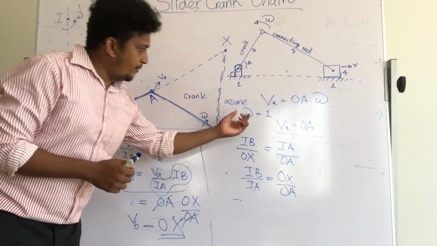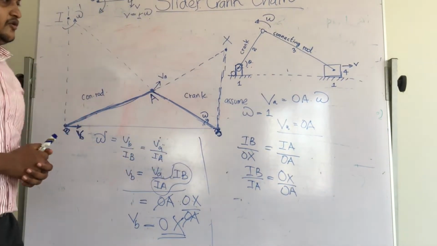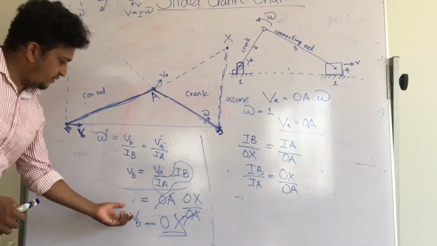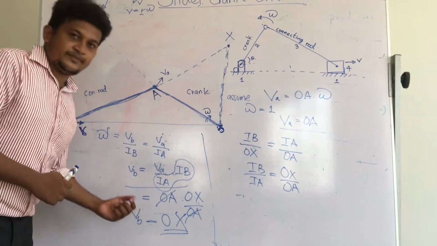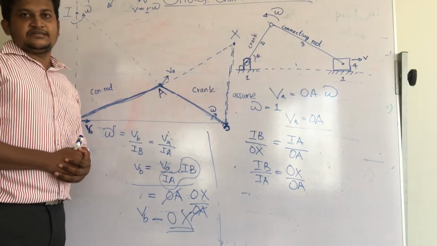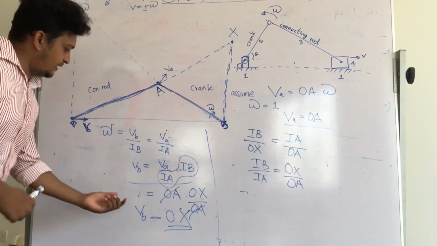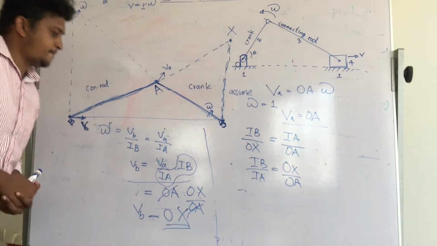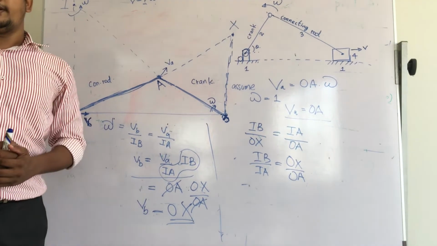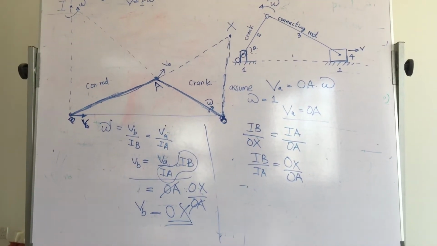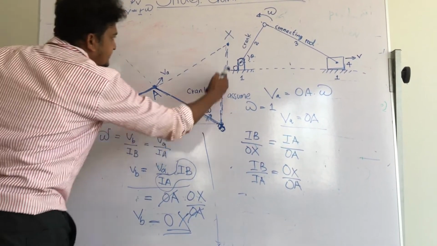Remember, we assume omega equals 1. You may be asking why VB, which is in meters per second, is represented by OX, which is a distance. But we already assumed omega is 1. That's why VB is represented by OX. Clear? Now, why am I interested in these parameters?